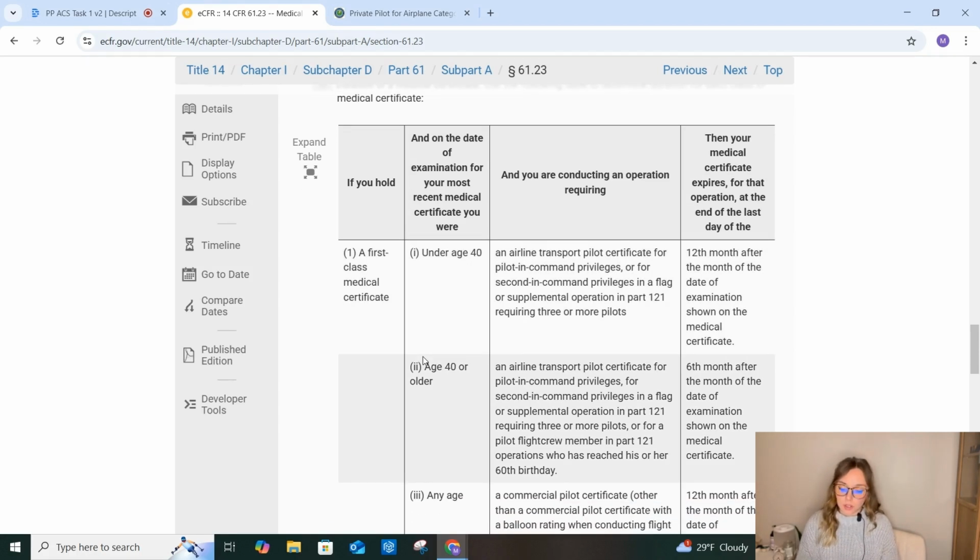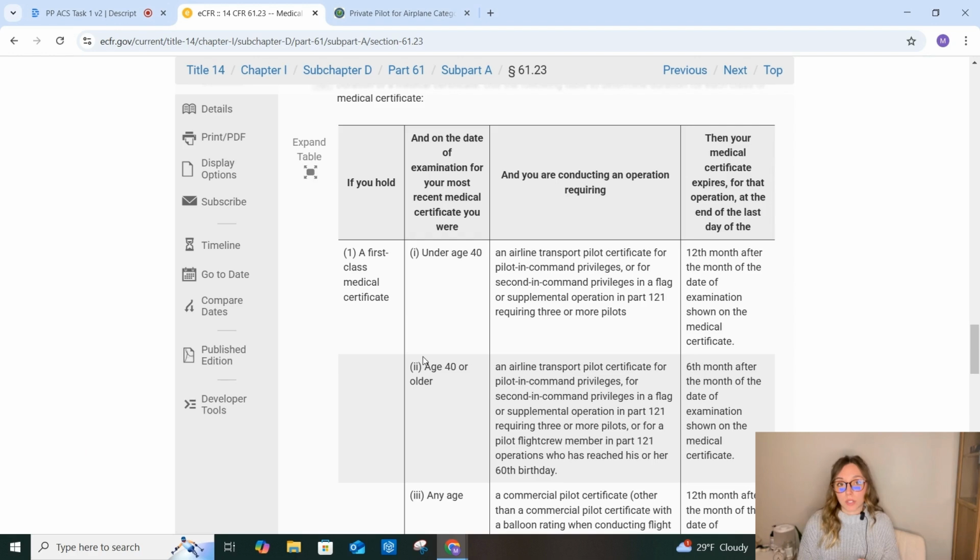I will start with this. A first class medical certificate, you have the most privileges. If you have your ATP license, you have a first class medical certificate. A second class medical certificate is kind of paired with your commercial license.